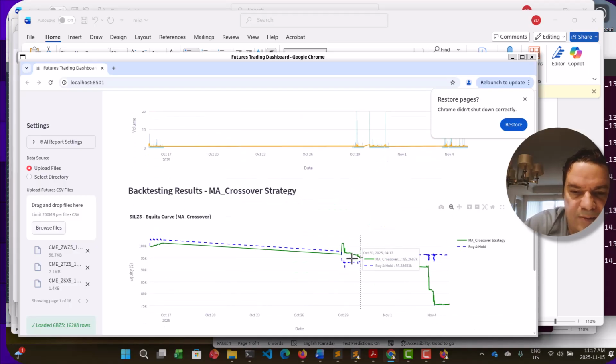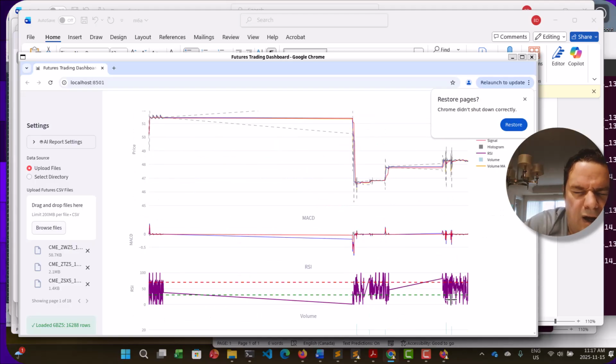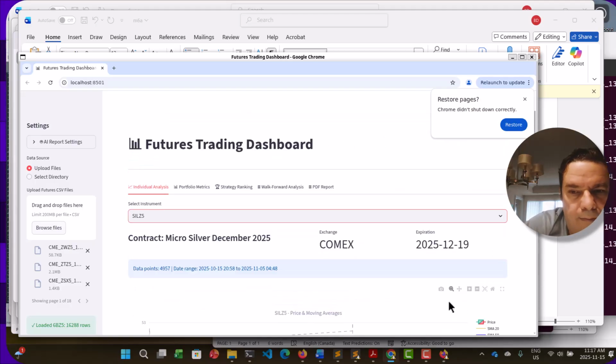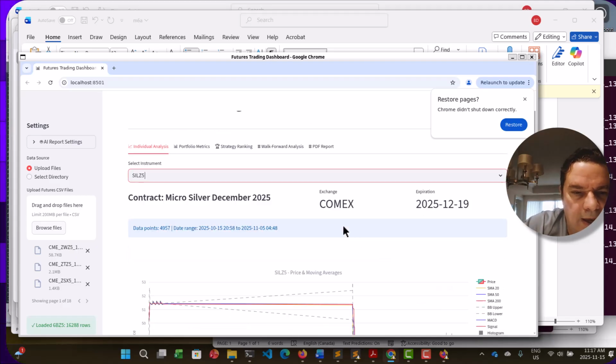But again, these moving average crosses get screwed over pretty badly on these trends, where you're forecasting on something and then all of a sudden an exogenous event comes along and throws it off. So even silver is a challenge to trade.